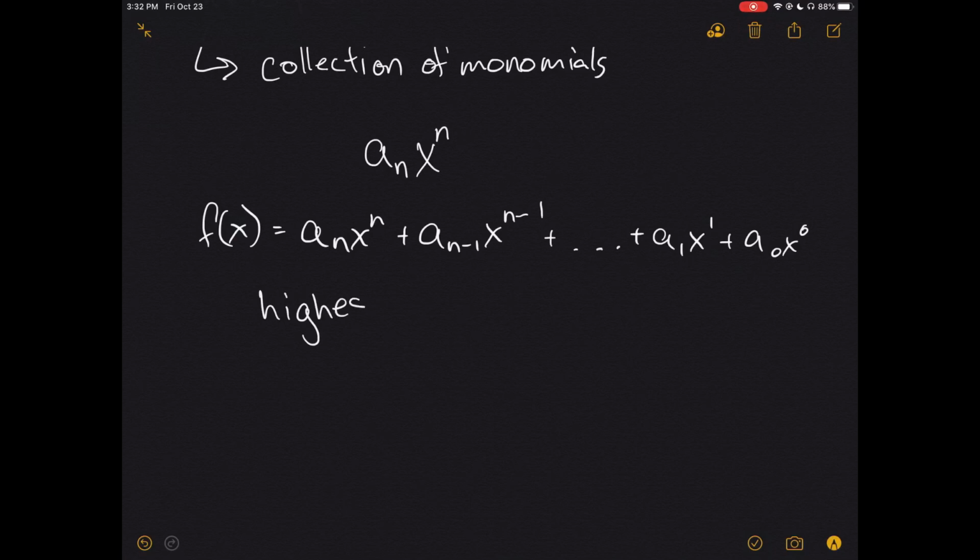Okay, so again, we want to write it from the highest power down to the lowest power. And so the highest power is going to be n. And what we call the highest power, we call that the degree.